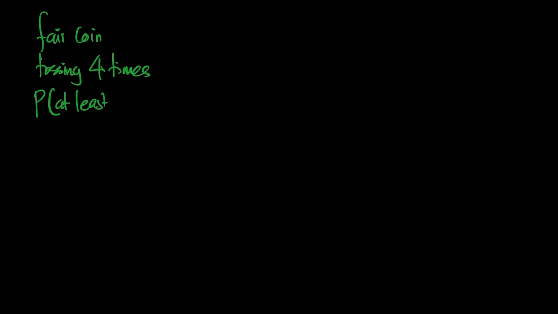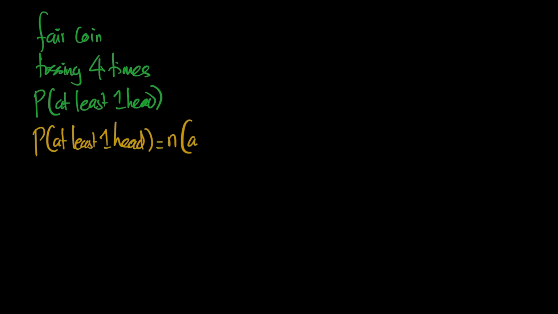From that formula, we know that the probability of at least one head is the number of at least one head divided by the number of everything.